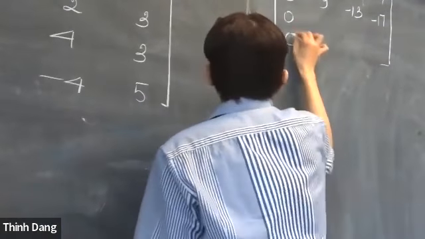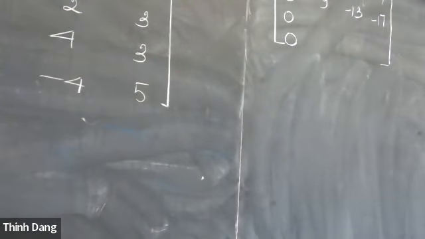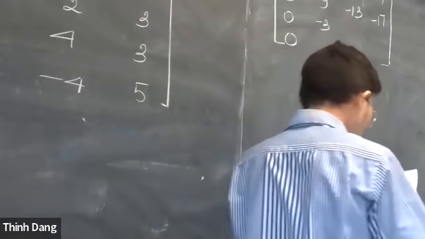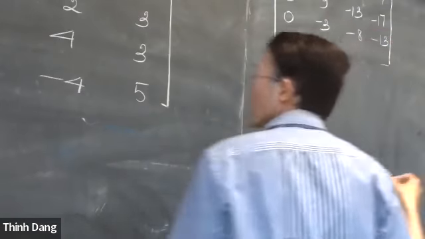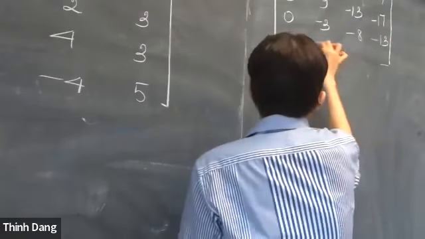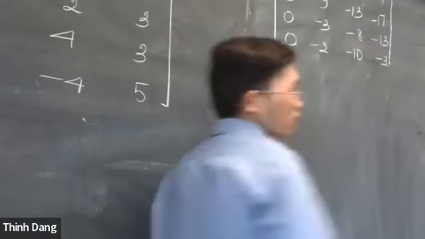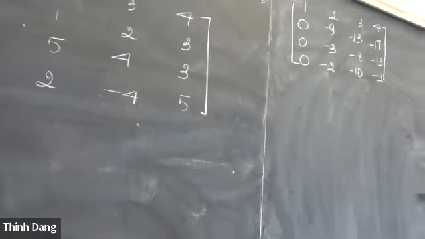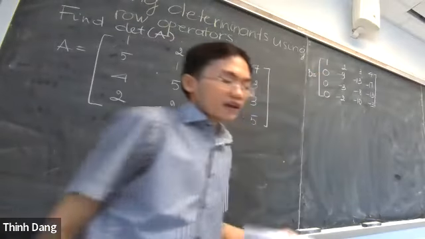Similarly, for the third row, I'm going to multiply the first row by -4 and add that to the third row. So you should have 0, 0, then -3 here, also -8, -13. And for the final row, it should be 0, 0, -2, -10, and so on. I'm going to call this new matrix the matrix B.